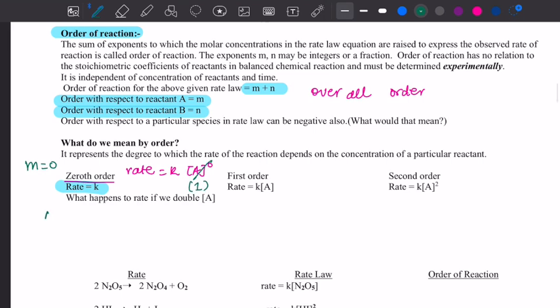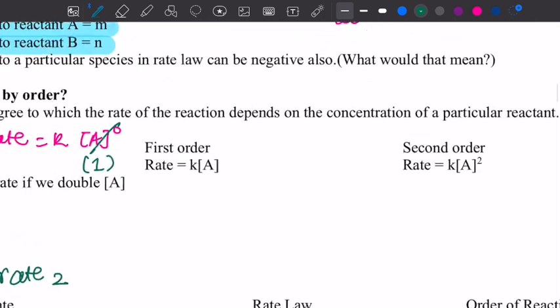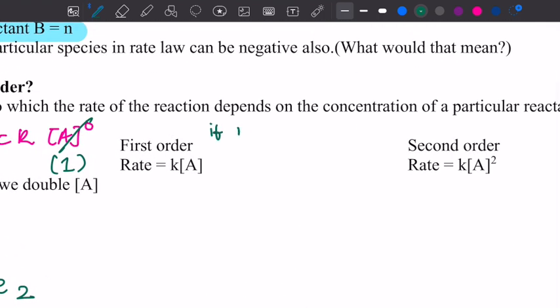So now what would happen if you double the concentration of A to 2A? Well, the rate would still be k. So the rate does not change. And that is what zeroth order is saying. It is saying that A actually has no control, zero impact over the rate of the reaction.